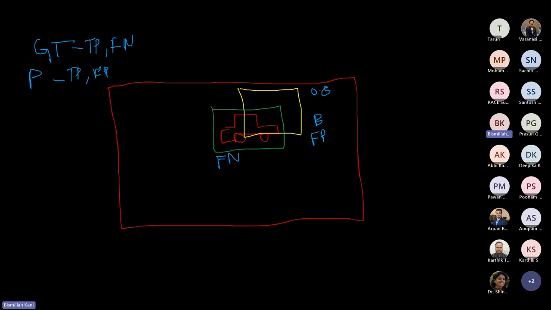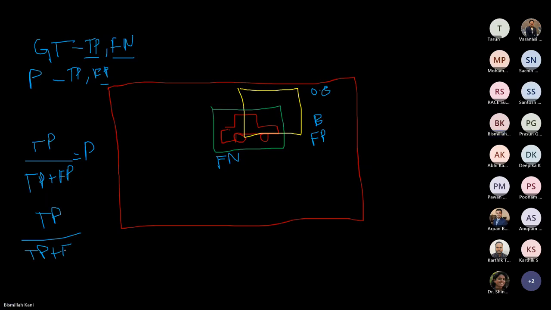Finally, you will have these counts. Your precision will be TP by TP plus FP. This is your precision. Your recall will be TP by TP plus FN.